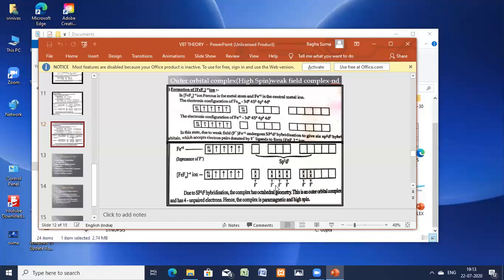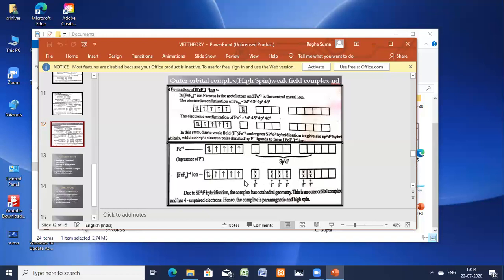So the ferrous ion is in the center, with 6 fluorines in the 6 directions. So it is octahedral geometry, but the hybridization is sp3d2. Previously you have seen d2sp3. Now it is sp3d2. That is the inner d orbital involvement, and this is the outer d orbital involvement, the nd orbital involvement.